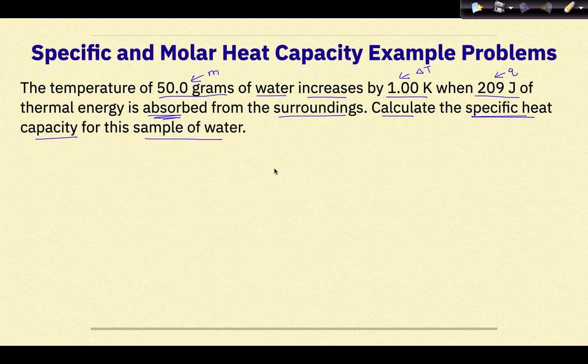And we're trying to calculate the specific heat capacity. So the formula that we're going to use here is Q equals mc delta T. Now you could just plug in the values and solve for the variable, which is C, or you can rearrange the formula to isolate C, to make things a little bit easier. So C equals Q divided by mass times change in temperature.